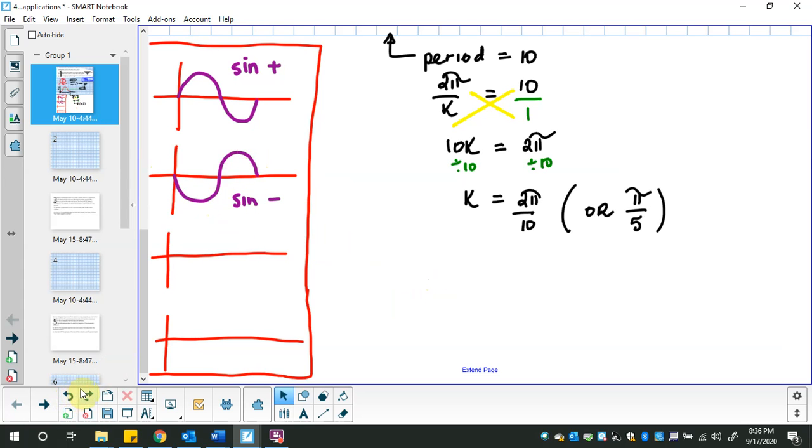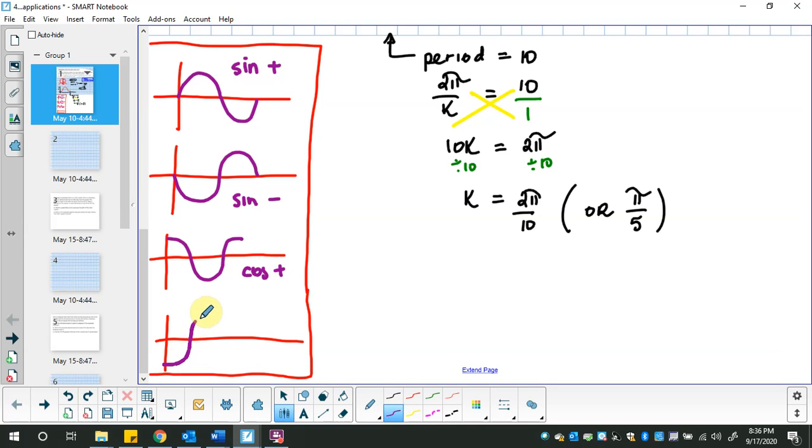Now let's look at the other two. The cos graph starts at its high point, goes to its low point, and returns to its high point. So without the axes, it looks like that. And then the last one I want to look at is the cos negative, and I've got a little memory aid for this.